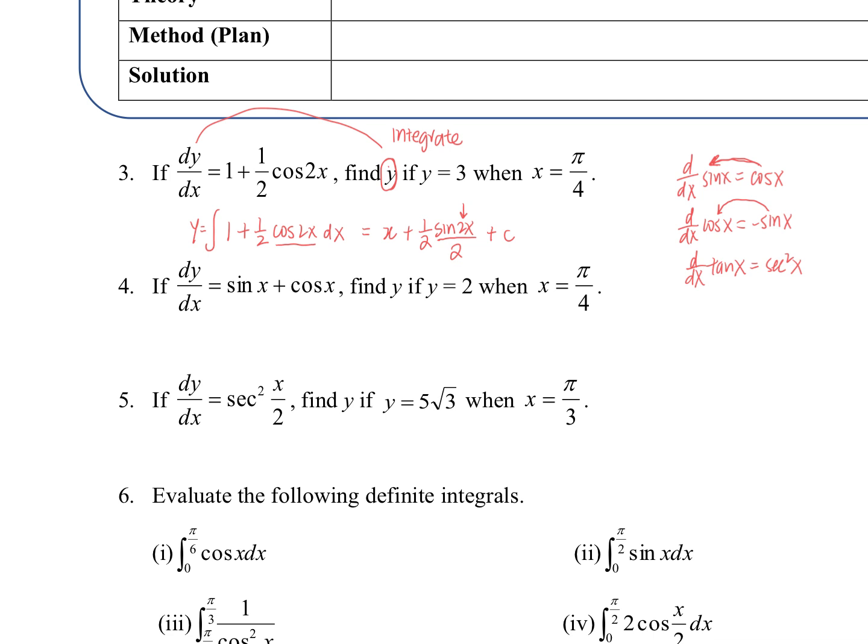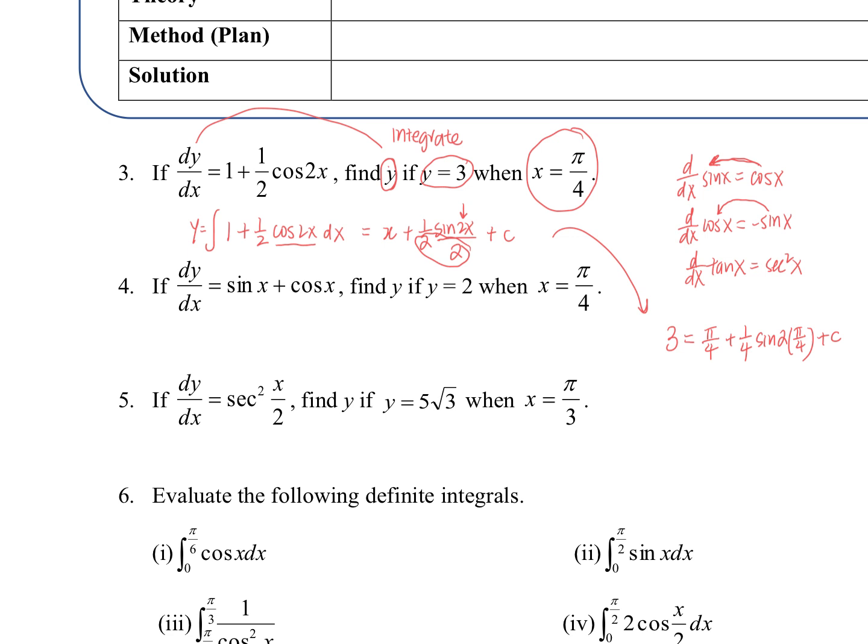Okay? So now, finally, they want us to solve for the whole equation, right? So we'll need to sub in x as pi over 4 and sub in y as 3. So if I sub in y as 3, x is pi over 4, 1/4 sine pi over 4 plus c.